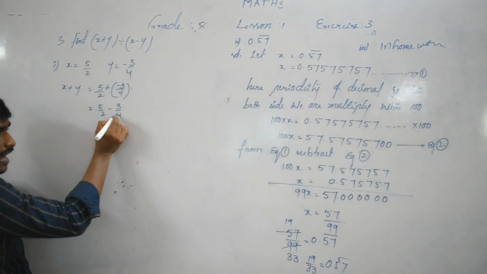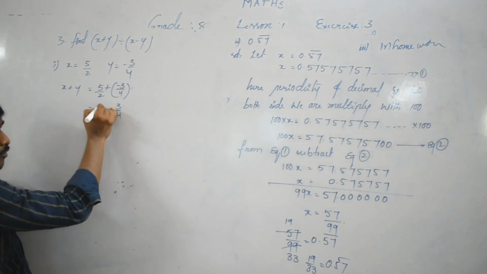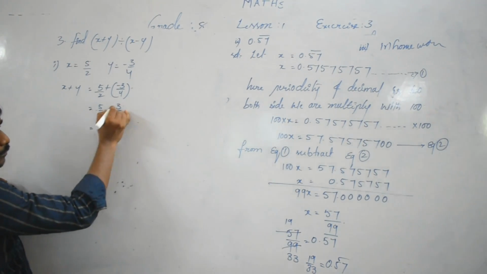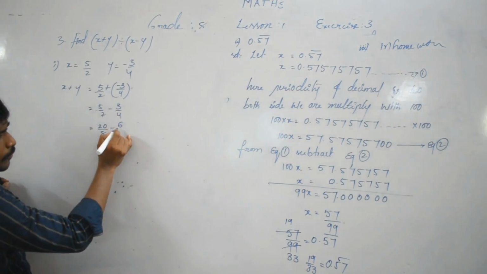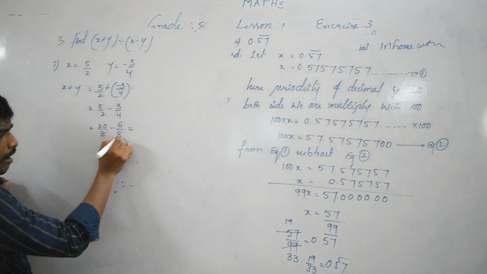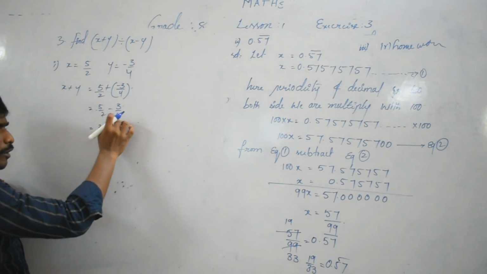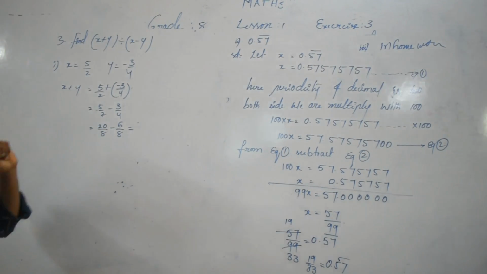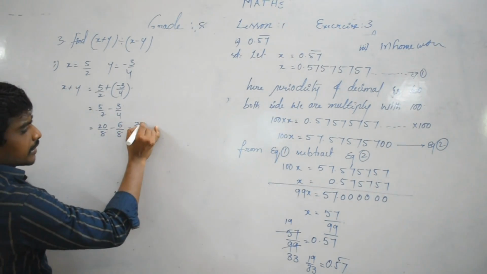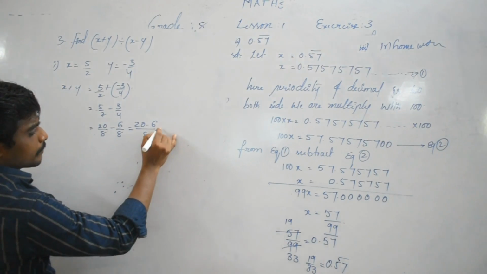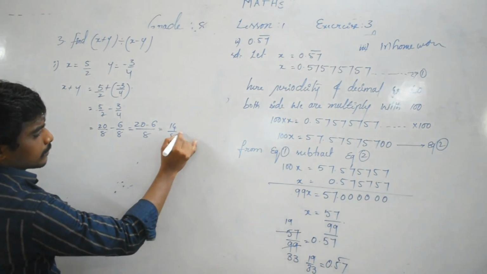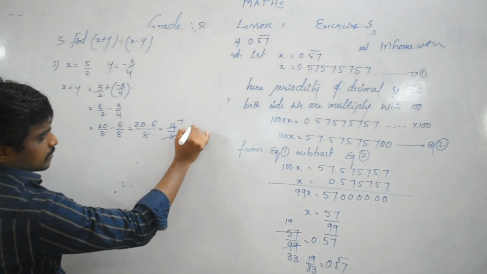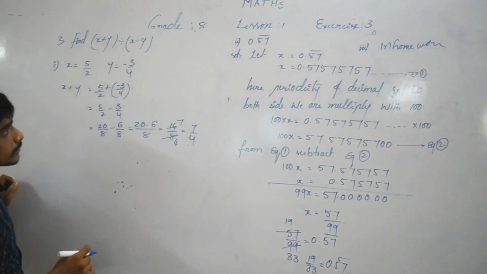In this case, cross multiplication. 4 5s are 20, 4 2s are 8, 2 3s are 6, 2 4s are 8. So denominators are equal, numerators plus symbol given add, minus symbol given subtract. 20 minus 6 by 8, 14 by 8, 2 4s are 2, 7s are 7 by 4.